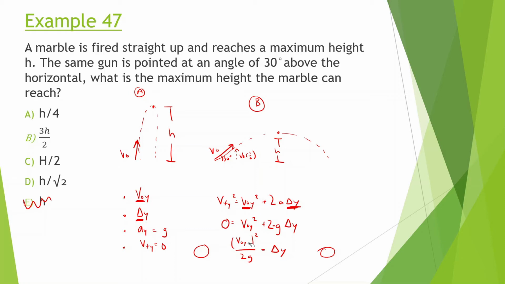So this is going to be v initial in y squared, and since it's 1/2, this is going to change by 1/4, because 1/2 squared is equal to 1/4. So we see this side changes by a factor of 1/4. Now, in order for this side to change by a factor of 1/4, we know the height needs to change by 1/4 as well. So the correct answer is the height will decrease by 1/4.